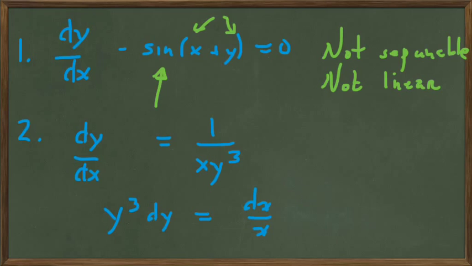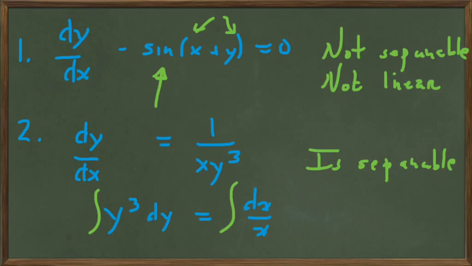And so it is separable, and because it is separable, after we separate the variables, we can just integrate both sides. When we integrate both sides of this differential equation, which is easy to do in this case, we get y to the fourth over 4 equals the integral of dx over x, which is ln absolute value of x plus c. And so let's box that in as our answer.